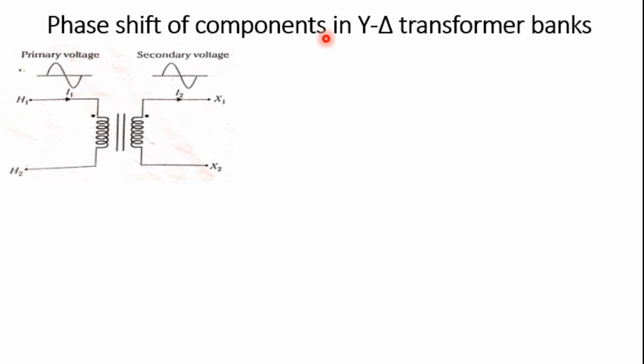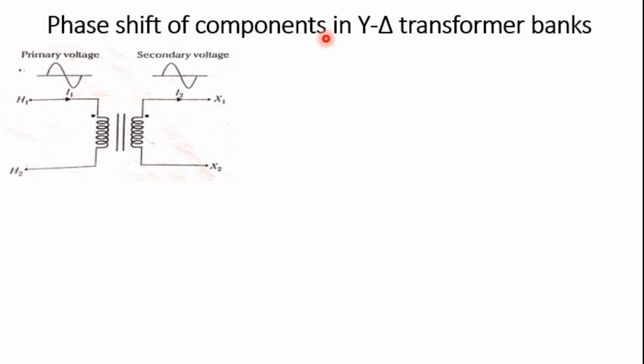With this background we are going to understand the phase shift in the case of star to delta, delta to delta, star to star and delta to star, the different ways of connections. In delta to delta or star to star windings, the transformer is connected so that the phase shift for both the currents and the voltages is either 0 degrees or 180 degrees.